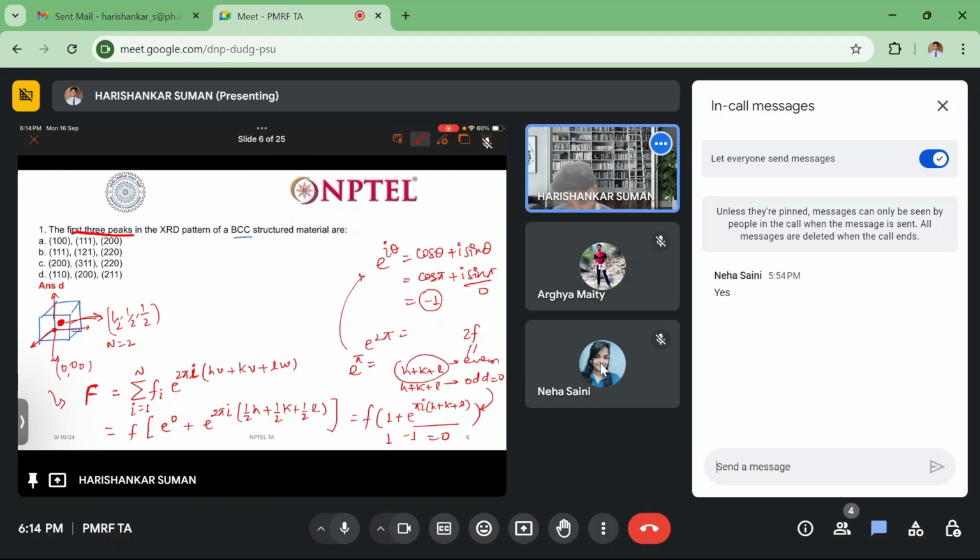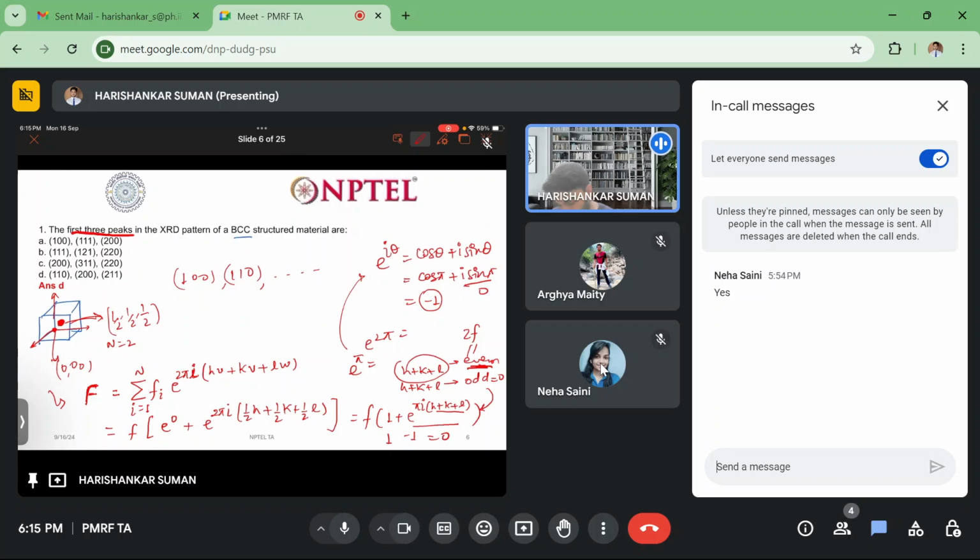So for HKL we have to choose such that h plus k plus l is even. So we can say 1 1 1, 1 1 0. These are the planes. If we consider BCC, only even sums are allowed.